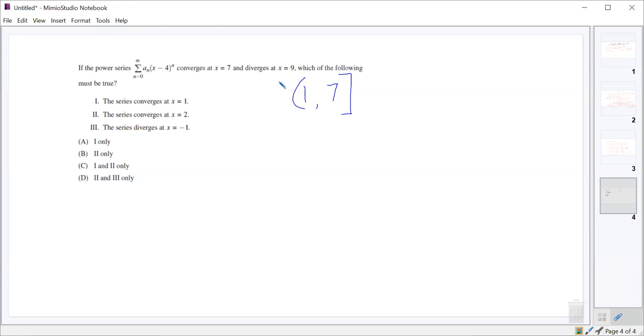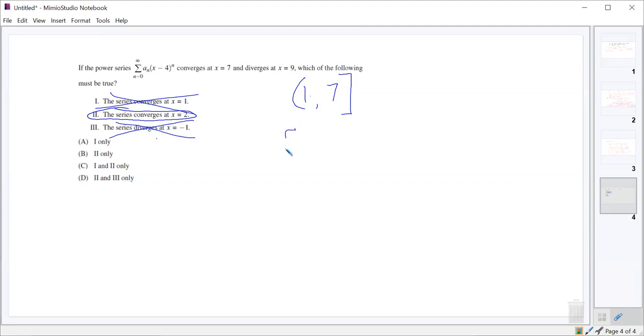So the only thing that is guaranteed here is that this converges at 2, because 1 does not necessarily fall in that interval, and -1 definitely does not. Well, it could theoretically converge at x equals -1.